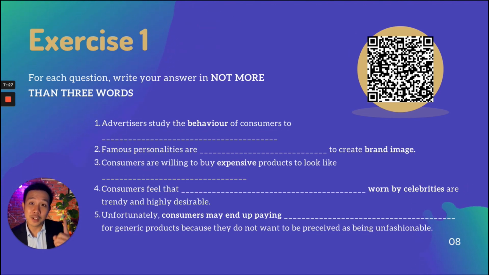Your first keyword here is not more than 3 words, and second is to look at the bold, highlighted sentences or keywords over there, and then you listen to the recording and you answer. That is most likely your answer. There are 2 tips here. Make sure when you write your answer, you fulfill the requirement of the question, which is not more than 3 words.